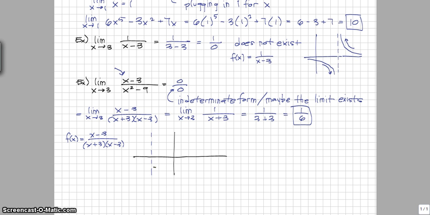And I've worked a little bit on this already, so I'm going to fill in some other points that we know without giving us too much time to think about it. So if we make x equal to negative 2, then we get 1. If we make x equal to 0, we get 1/3.